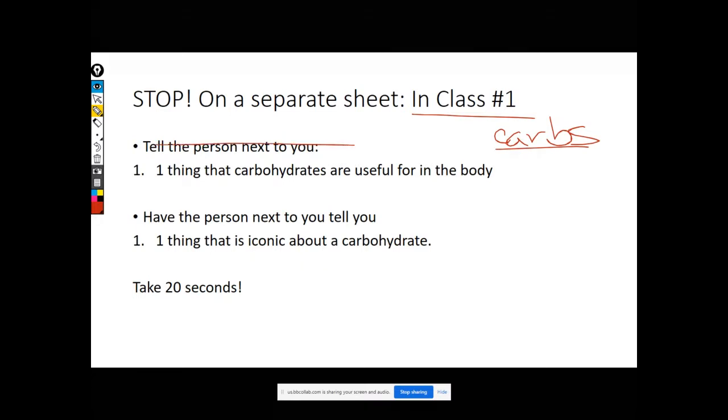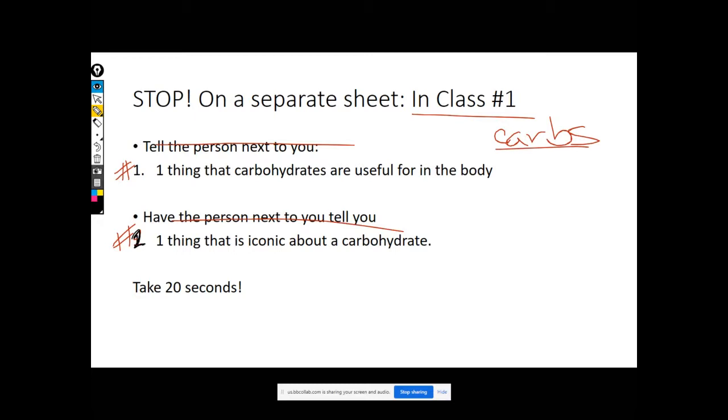Under carbs, you're going to have 2 bullet points. Okay, your first bullet point is to tell me one thing that carbs are used for.